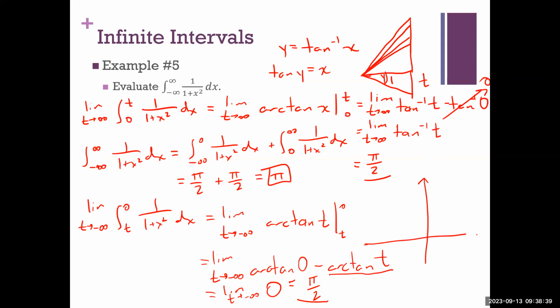Good enough. But basically what this function looks like is, when x equals 0, it equals 1 here. So basically it's going to have a maximum at the y-axis and kind of slope off like this symmetrically on either side. And we're trying to find that area.